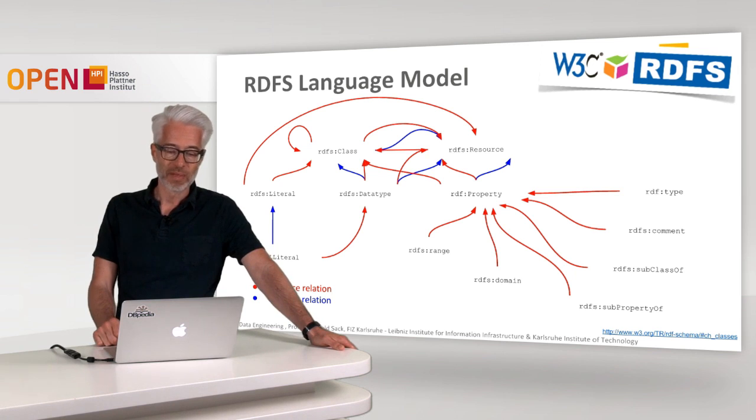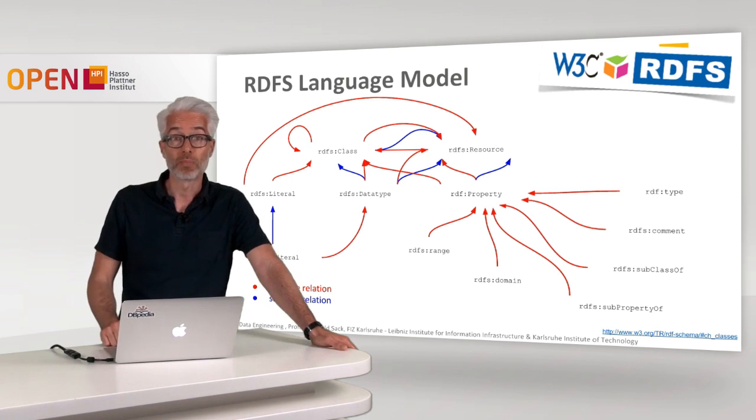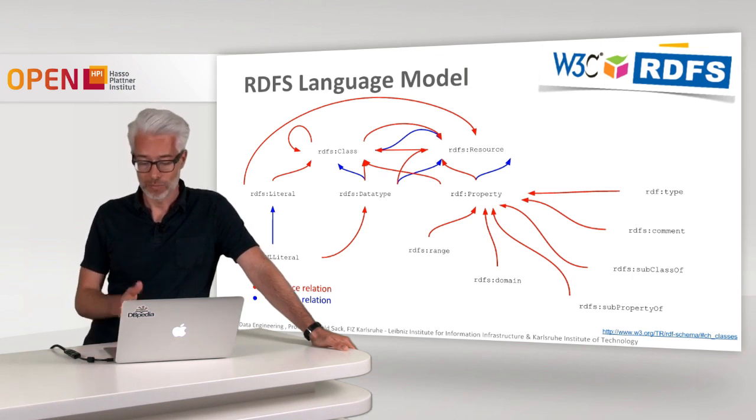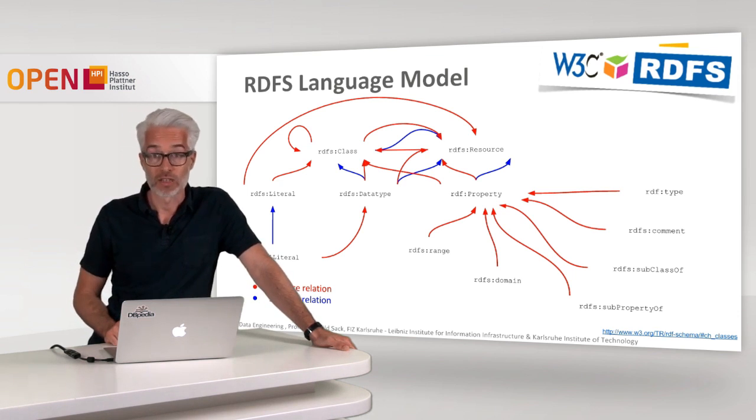As well as a data type is always a resource, and a property is also a resource, as well as a class is a resource. So these are interesting relationships among the building blocks of the RDFS language. If you want to know more about that in closer detail, simply follow the link I have given you, and then you can see the RDFS language model in its entirety.